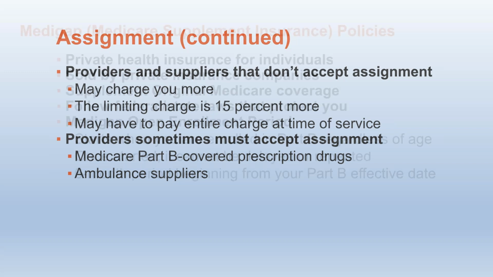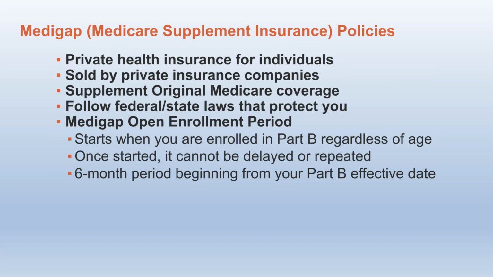Medigap, also known as Medicare Supplemental Insurance. Medigap policies are private health insurance that cover only the policyholder, not the spouse, are sold by private insurance companies that help pay for gaps in Original Medicare coverage like deductibles, coinsurance, and copayments.